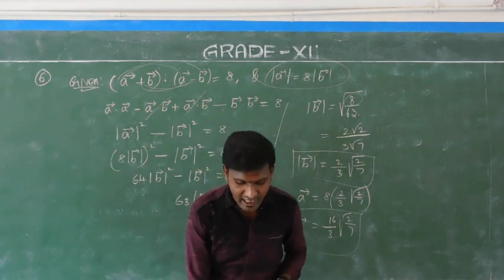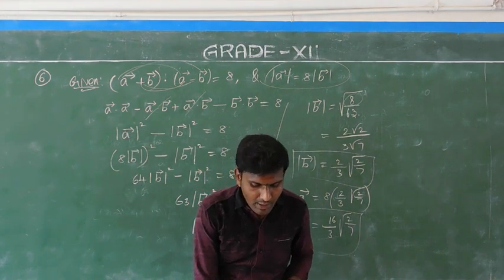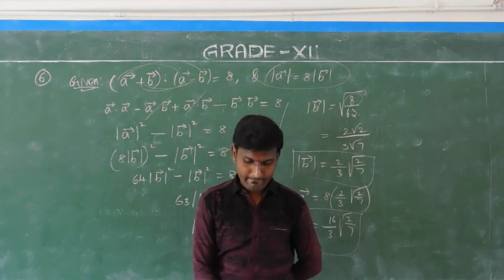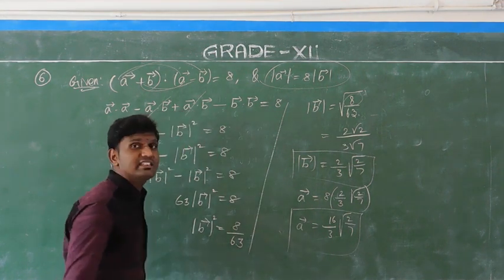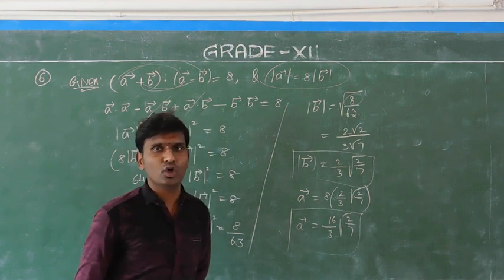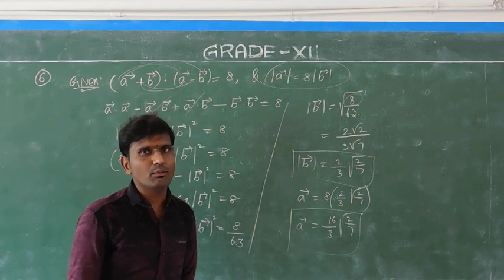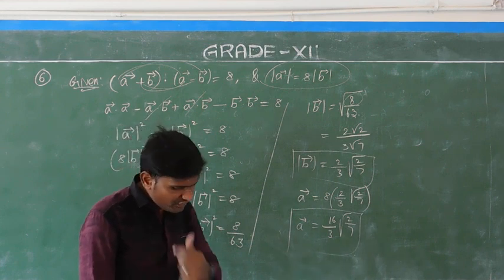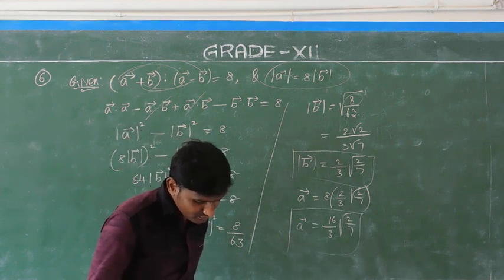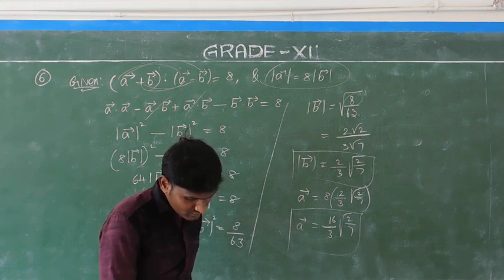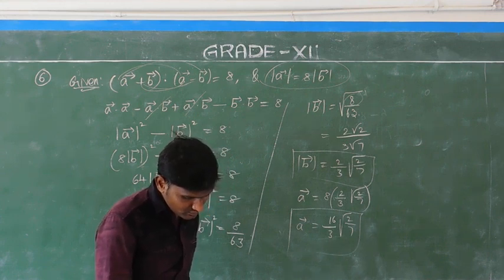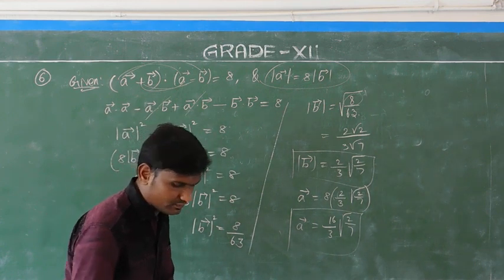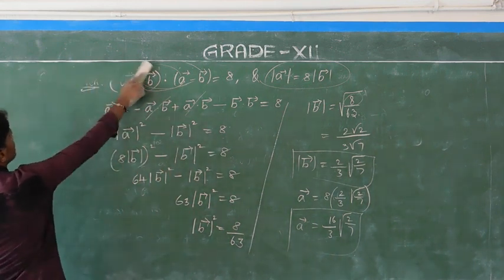We have the same type of question from your example 18. Example 18 is your homework. You have to try, already you have the book. Next question, we have to move to the 7th one.